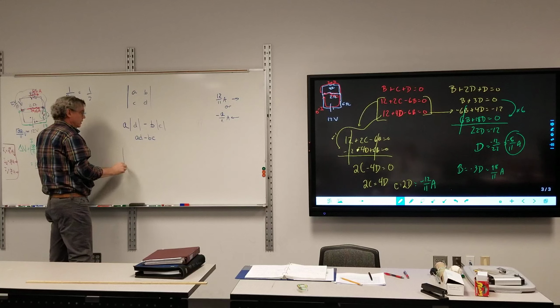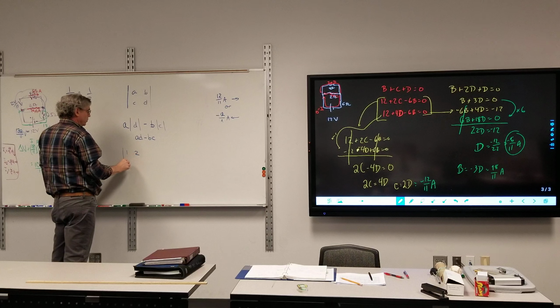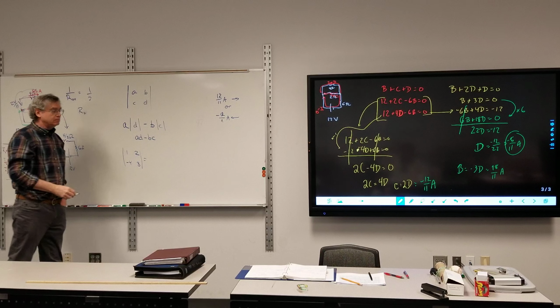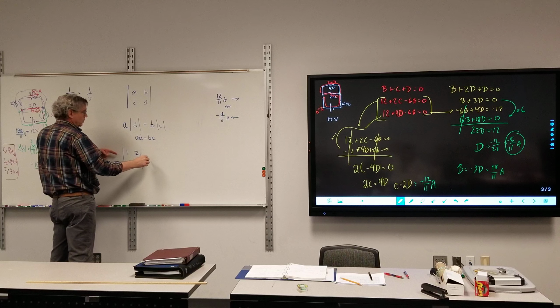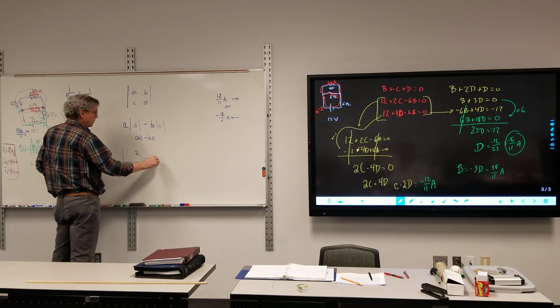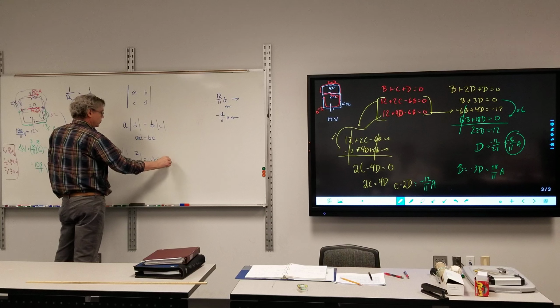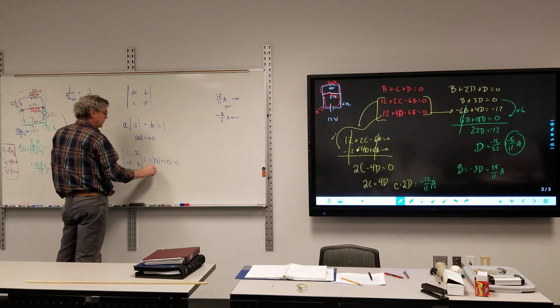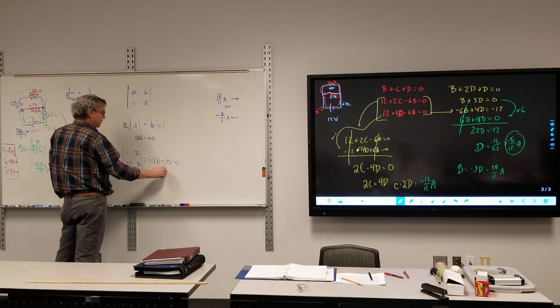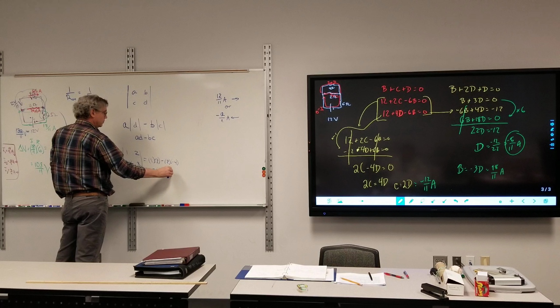So the determinant of 1, 2, negative 4, 3 would be 1 times 3 minus 2 times negative 4. So that's 3 minus negative 8, which is 11.